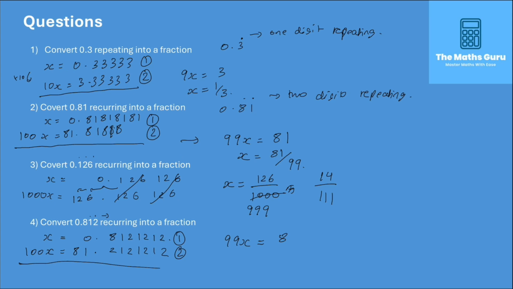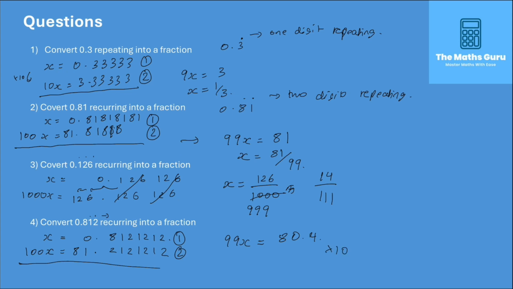Then if we minus equation number 1 from equation number 2, we're going to get 99x is equal to 80.4. Let's put this in the calculator: 81.2 minus 0.8 gives us 80.4. As you notice, we need to first times by 10 on both sides, because we cannot have a fraction with a decimal in it.